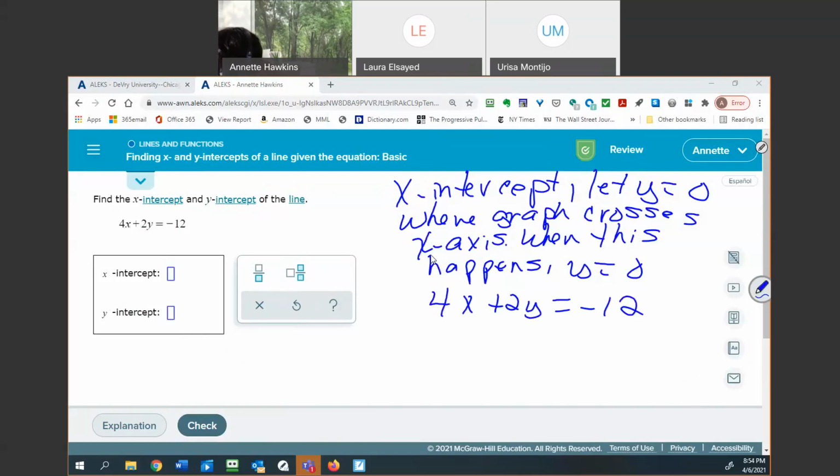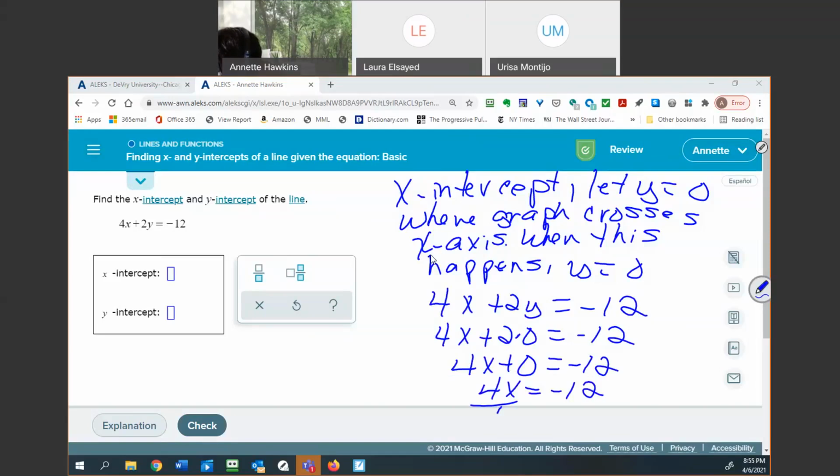I want the x-intercept, so therefore I need to let y be 0, and then we solve for x. 4x plus 0 equals -12. 4x equals -12. Divide by 4. X equals -3. So the x-intercept is -3, 0. So we'll put -3 here.